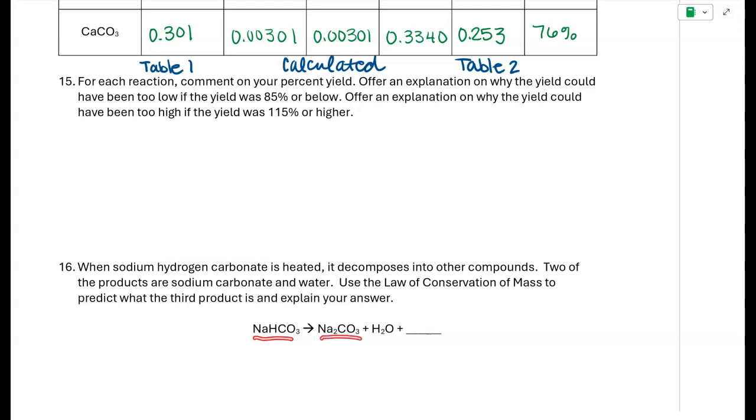Baking powder is a mixture of the baking soda and sodium bicarbonate, and pure sodium carbonate is called washing soda. And so you want to use the law of conservation of mass to predict what this product is. So look at your reaction here and what's missing from this side that could help balance this. That's kind of what you want to think about.